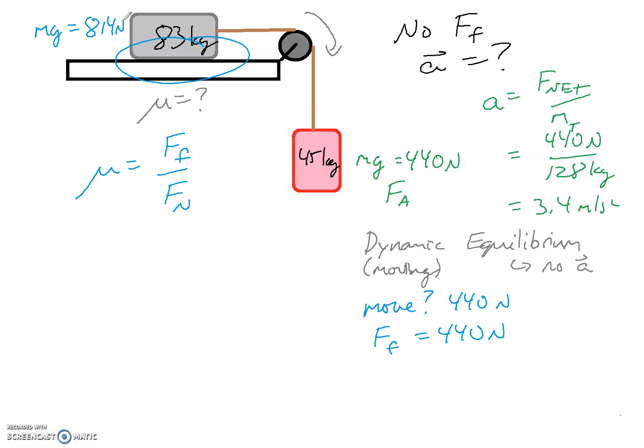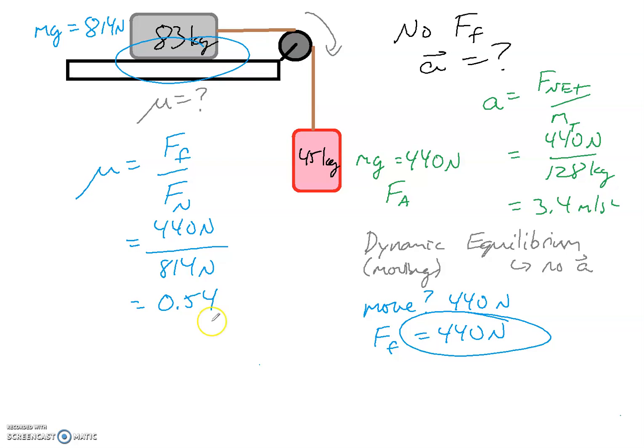Alright, let's piece things together. For the coefficient, I need the friction. I figured out the friction has to be 440 newtons. The normal force has to be 814 newtons, so I just have to divide those two out. So 440 divided by 814 is going to give me a coefficient of about 0.54.